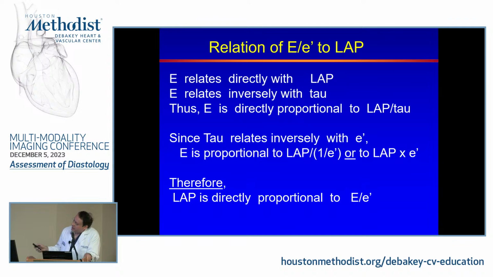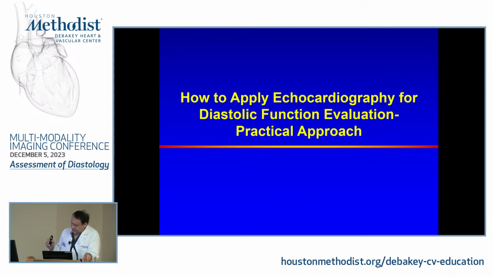Since we know that the time constant relates inversely to the early diastolic velocity by tissue Doppler, we can remove that time constant and put in its place 1 over E prime. And so E becomes directly related to the product of LAP and the early diastolic velocity. Since the interest is estimation of LAP, then we rearrange that expression and we end up with that ratio that has no units, both are in centimeters per second, that relates to LAP.